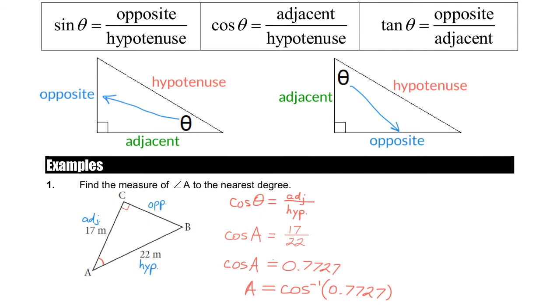Now you've got the inverse cosine. And when you do that, you should get an answer of about 39 degrees. So if you try this on your own and you're not getting an answer of 39 degrees, something's wrong. Let me know and I will help you figure out how to do this in your calculator.